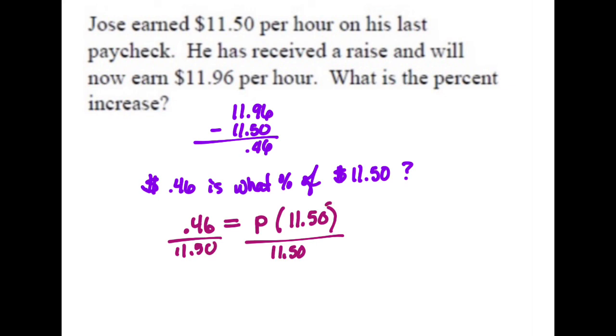Divide both sides by the same thing, and in this case it's 11.50. So 0.46 divided by 11.50 is 0.04 evenly. Okay, move the decimal 2 places because it's a percent. That's what we're looking for. And 4% was his raise.